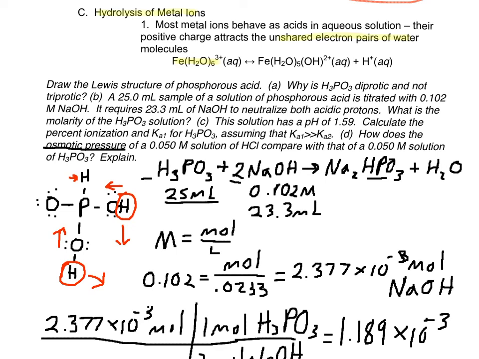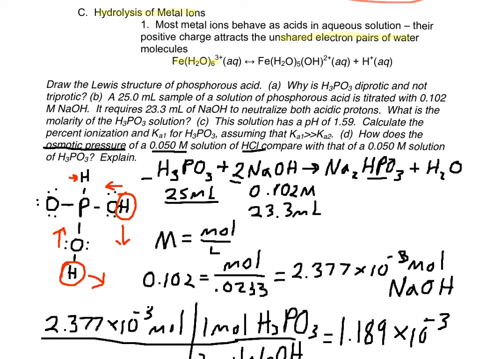So if you have a 0.05 molar solution of HCl, HCl has complete dissociation into 2 particles for every 1 particle of HCl you put in there. So a 0.05 molar solution of HCl will produce 0.1 molar amount of particles, H positives and Cl negatives.